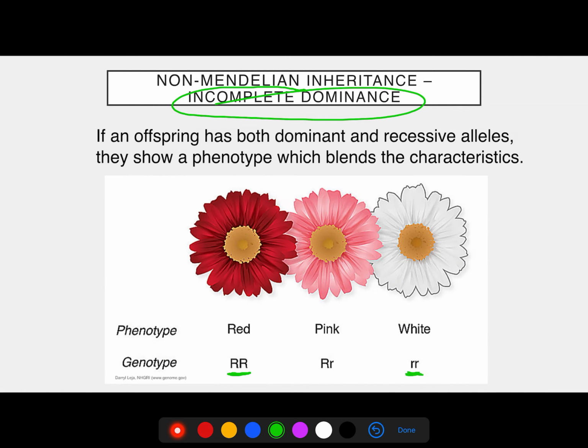The problem is whenever you get an organism that has one dominant and one recessive, the outcome of the phenotype no longer follows dominants versus recessives traditionally. Instead, it blends the 2 traits. So you would get the classic capital R, lowercase r for the genotype, but the phenotype won't be a red flower, it'll be a pink one, because it's a blending of the 2 traits. And so that's what we just call incomplete dominance.